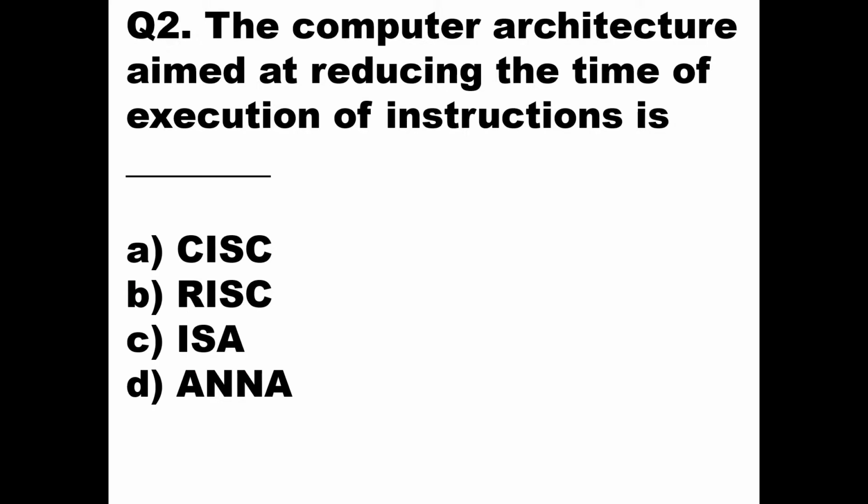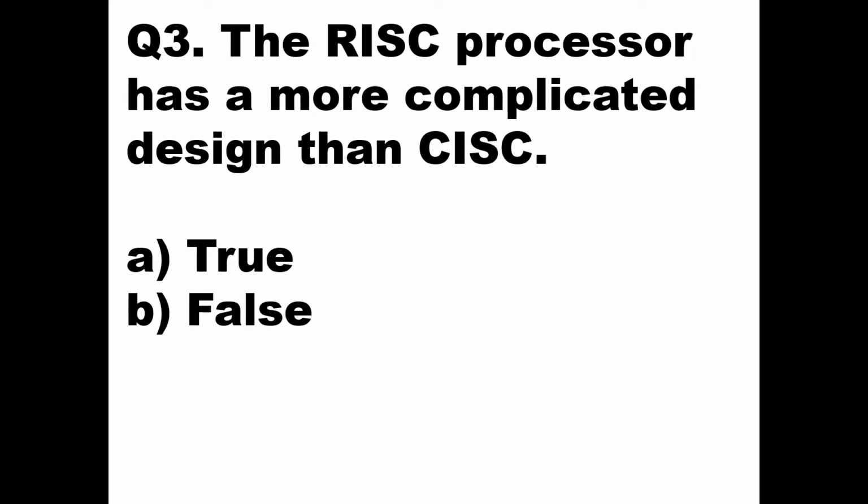So here the answer should be B, RISC. The computer architecture aiming to reduce the time of execution of instructions is the reduced instruction set computer, RISC. Then we'll go to the next question.